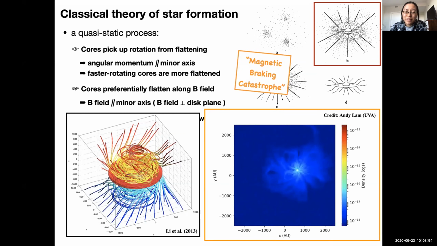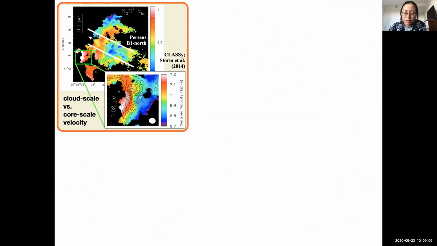There have been many studies toward this issue, and most point to something missing in this classical picture, most probably the connection from the environment to the core. From the observation side, there have been many studies of the velocity structure connecting different scales. For example, the CLASSI project maps several regions in the Perseus molecular cloud.